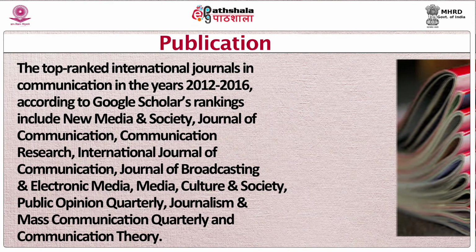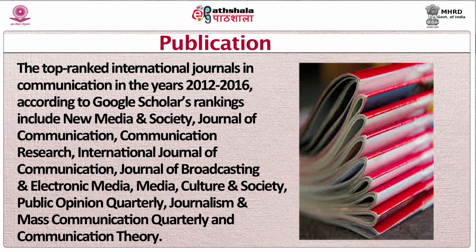The top ranked international journals in communication in the years 2012 to 2016 according to Google Scholar's ranking include New Media and Society, Journal of Communication, Communication Research, International Journal of Communication, Journal of Broadcasting and Electronic Media, Media, Culture and Society, Public Opinion Quarterly, Journalism and Mass Communication Quarterly, and Communication Theory. These research papers are also published as book chapters in edited books.